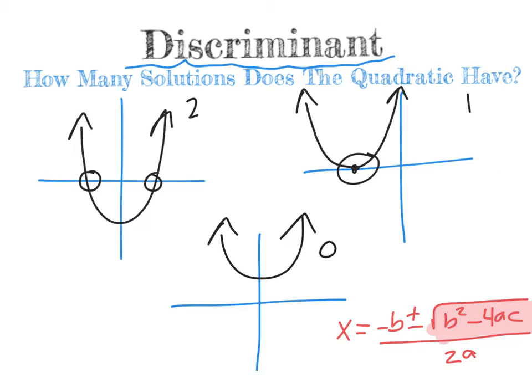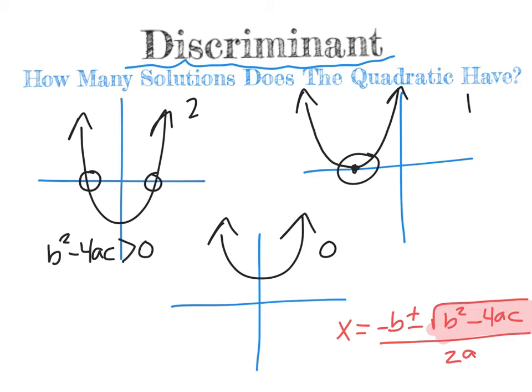So if that part inside the square root, let's go back to this color, the b squared minus 4ac, is greater than 0, we're going to have two solutions, because we're going to have a plus or minus something.